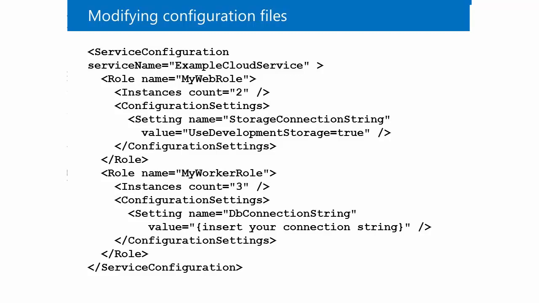But not only would you define how many instances of worker roles and web roles that you needed, but you'd also define there how many CPU cores, RAM, and so on that you wanted for each instance of that given role. So once you built your application and you created this configuration file, then you would upload all of that stuff to Azure. In about 10 to 15 minutes, your application was up and running and all was well.